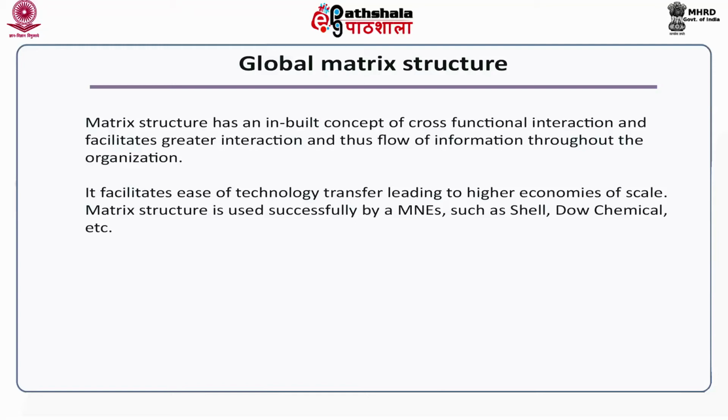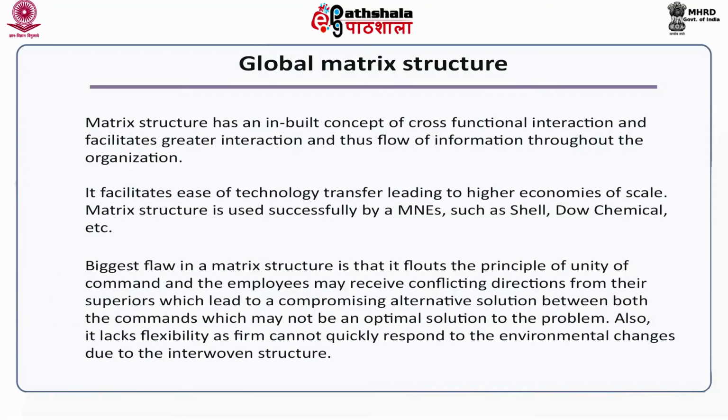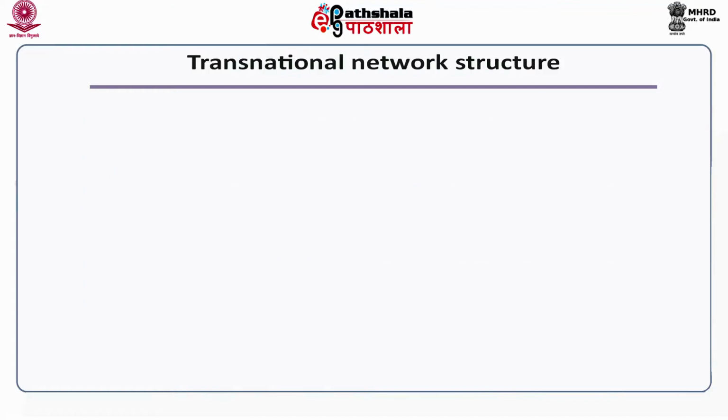Matrix structure is used successfully by MNEs such as Shell, Dow Chemical, etc. Biggest flaw in a matrix structure is that it flouts the principle of unity of command and the employees may receive conflicting direction from their superiors, which leads to a compromising alternative solution between both the commands which may not be an optimal solution to the problem. Also, it lacks flexibility as the firm cannot quickly respond to the environmental changes due to interwoven structure.